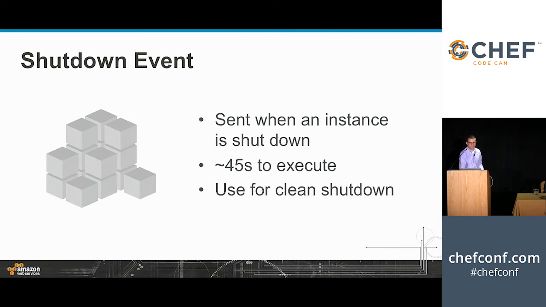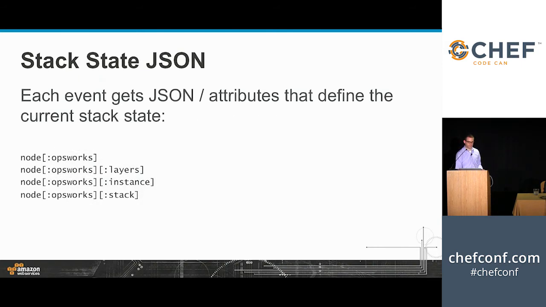What all of those events have in common is that they include the stack state. The stack state basically is a description of your system. It is a JSON state that will be available in Chef attributes under the OpsWorks namespace that tells you what kind of applications and layers are available, what instances are there, what the IP addresses are, their instance sizes, their EC2 availability zones, and all of that information.